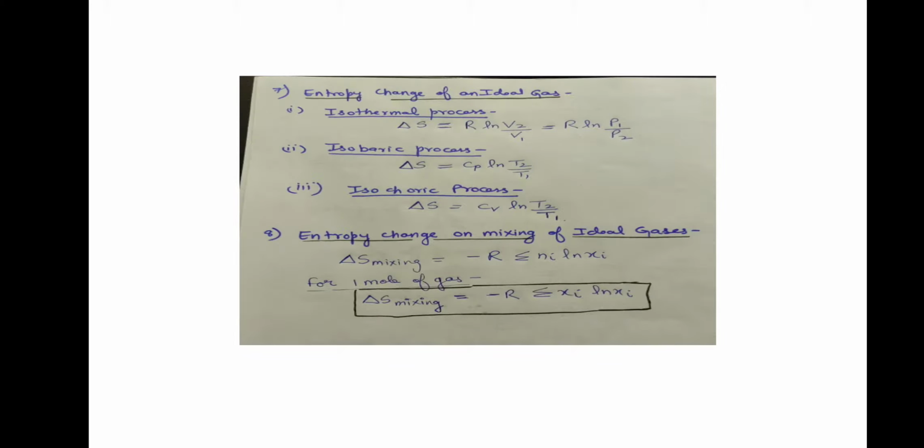Next, entropy change of an ideal gas during the different processes. So first, during the isothermal process in which temperature is kept constant, T1 will be equals to T2 and the formula will be left with delta S is equals to R ln V2 by V1. It is also equals to R ln P1 by P2 in terms of volume or in terms of pressure.